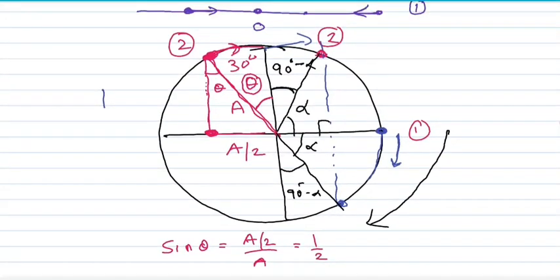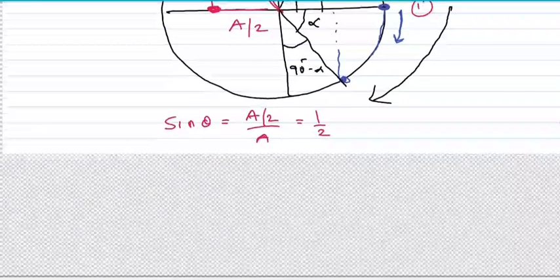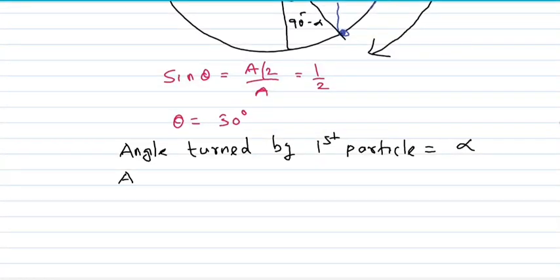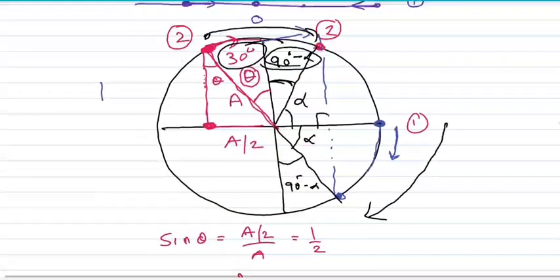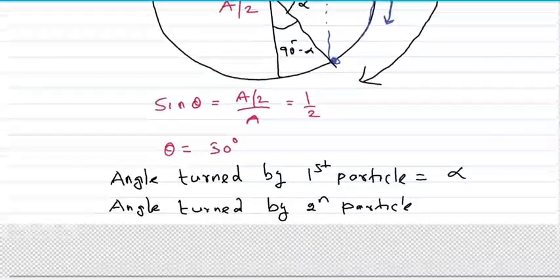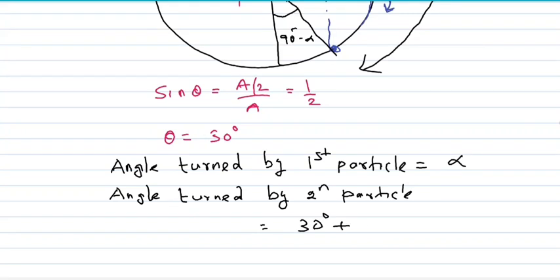Next, the angle turned by the second particle. The second particle is moving from here to here, so the angle turned is first 30 plus 90 minus alpha. The angle turned by the second particle till it reaches that position is equal to 30 plus 90 degrees minus alpha.